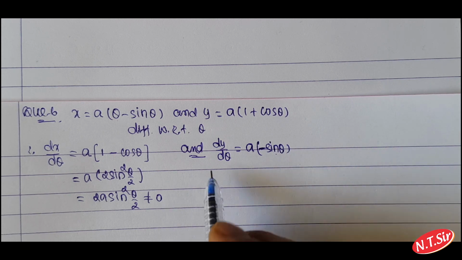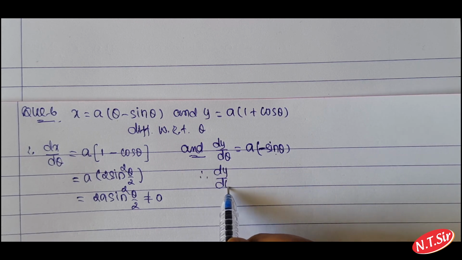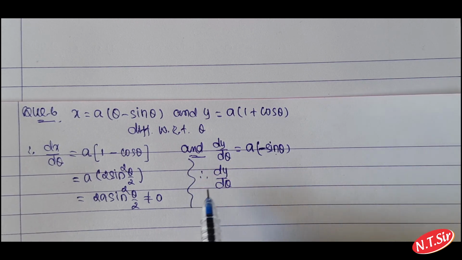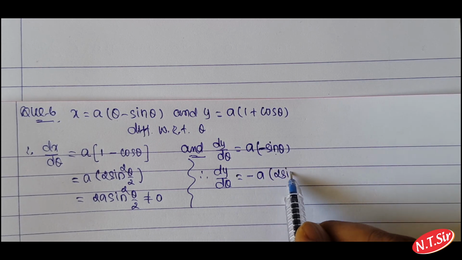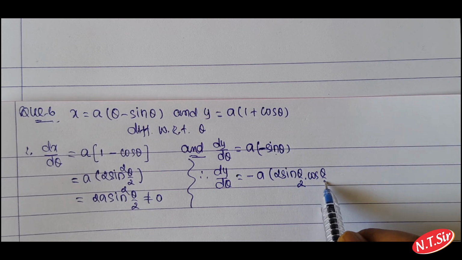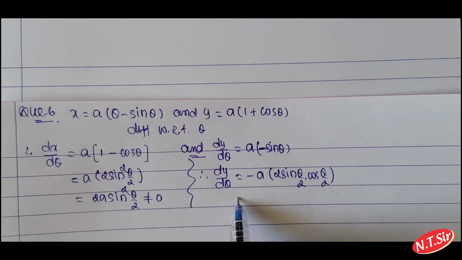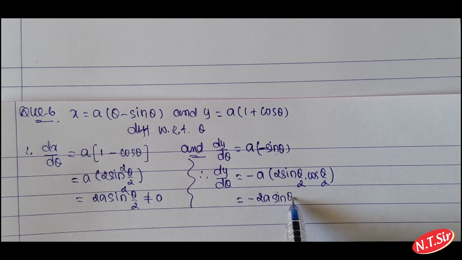Applying that formula here, dy by d theta is equal to minus a into 2 sin theta by 2 into cos theta by 2, that is dy by d theta is minus 2a sin theta by 2 into cos theta by 2, right?